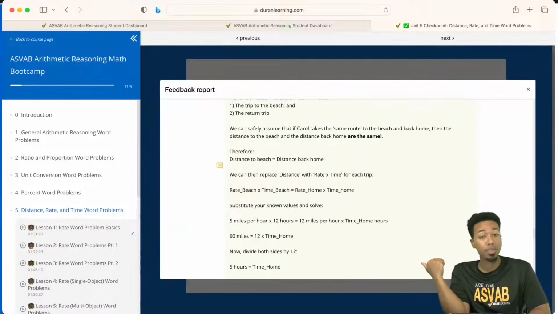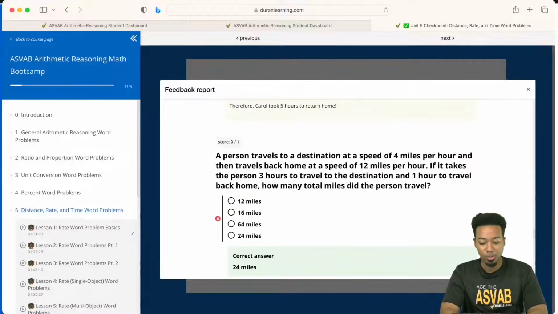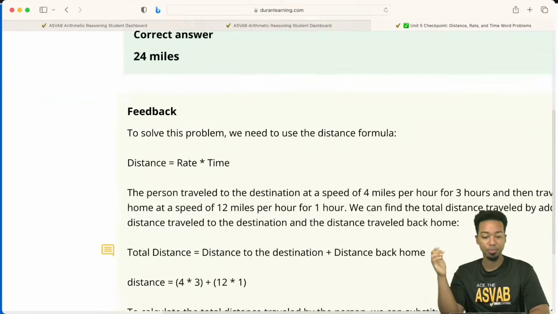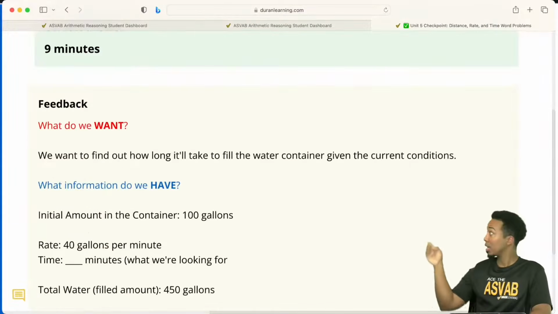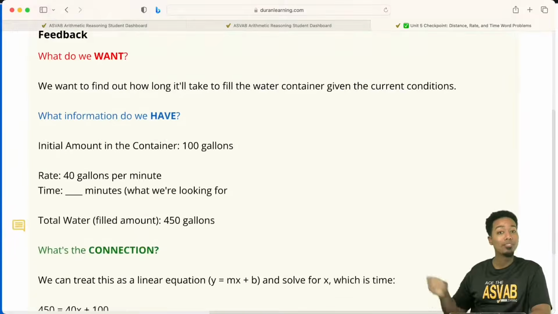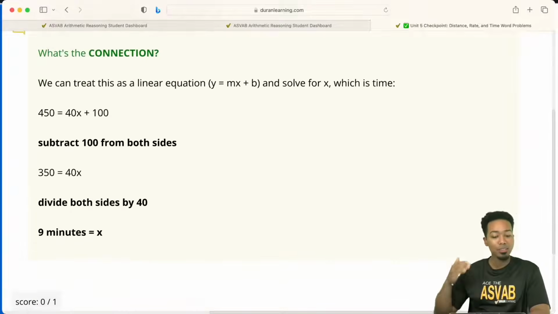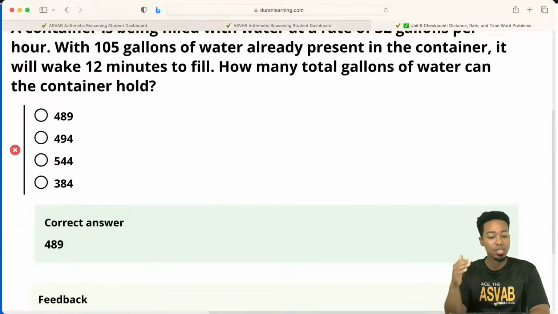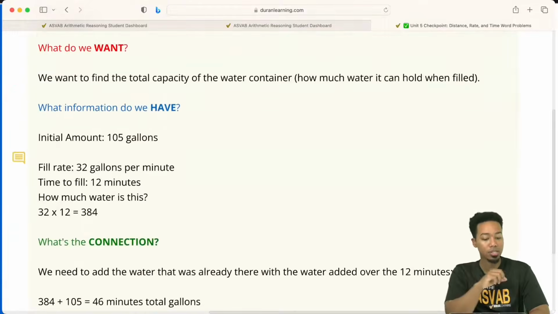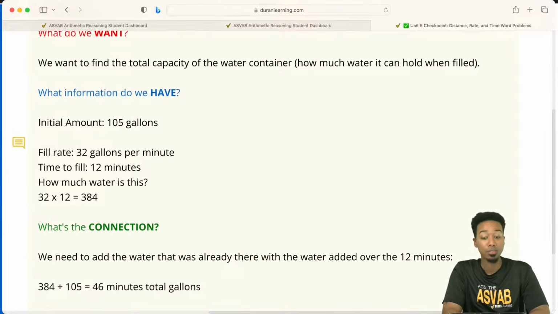Every single one of these has a step-by-step solution all the way through. That's what I want you to see: the ability to understand, what do I want? What do I have? What's the connection for every one of these problems? I need to see that you're able to learn from these mistakes, and this is how I'm going to guarantee it for you.